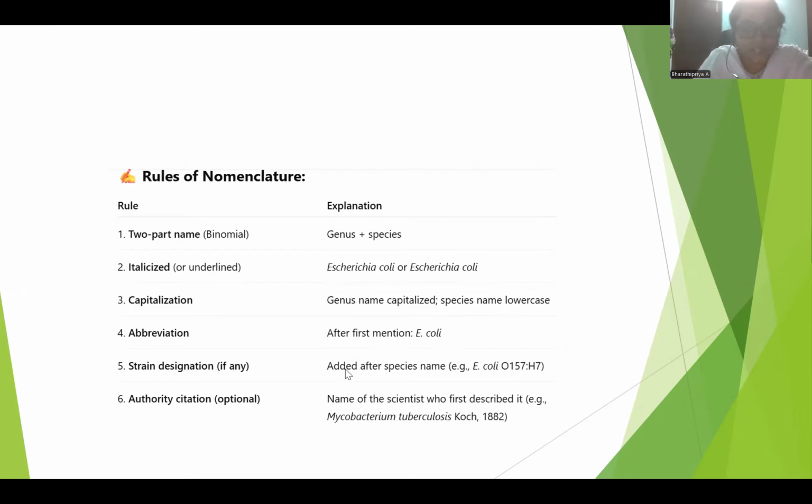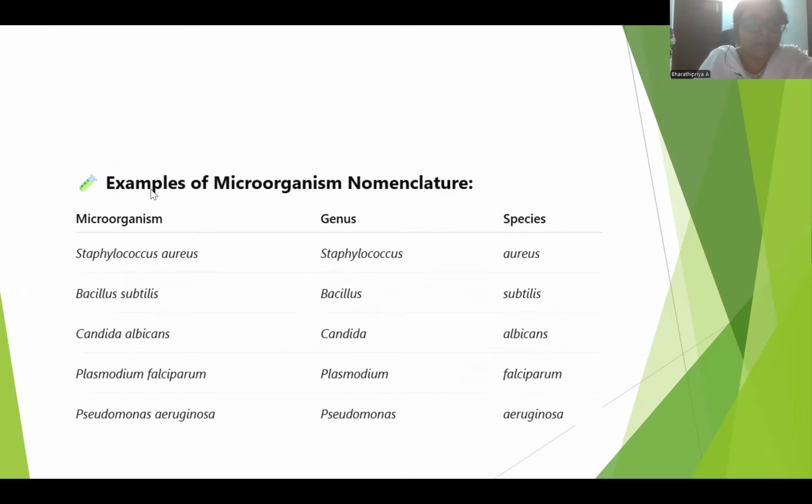Then strain designation, which is added after the species name, that is, which strain we are using for that particular microorganism. Then authority citation: the name of the scientist who first described it can also be given. And these are the various examples of microorganisms and nomenclature.